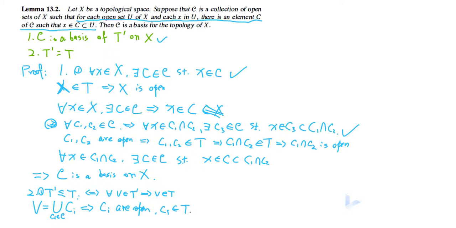And then according to the definition of topology, because all the Ci are from the topology T, the union of them should also be an element of T. So the union of the Ci should also be from T, and this just means V is from T as we want. So we proved this first step: T prime is a subset of T.